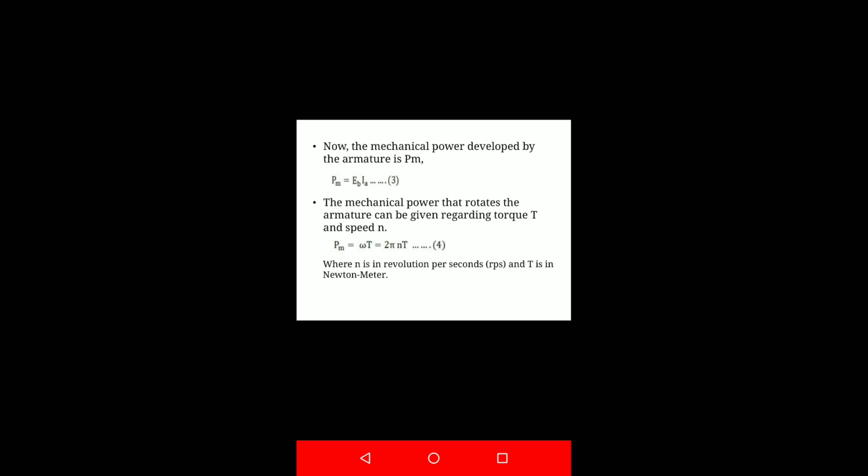Here we consider rotations per second, nothing but revolutions per second, so we use 2 pi N. Omega equals 2 pi n, small n, into T. So the mechanical power that rotates the armature, in terms of torque T and speed n, is Pm equals 2 pi n T.